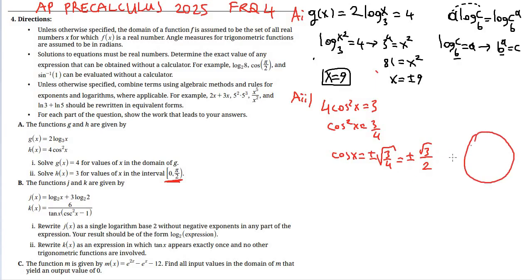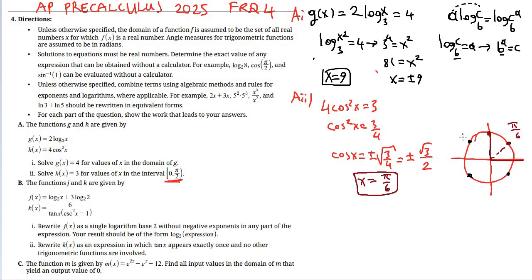And on the unit circle that you need to know, there are 4 values of x here. But our domain is between 0 and pi over 2, so it's going to be in the first quadrant. In that quadrant, cosine is equal to radical 3 over 2 at pi over 6, which is 30 degrees. So the x value is equal to pi over 6 only.